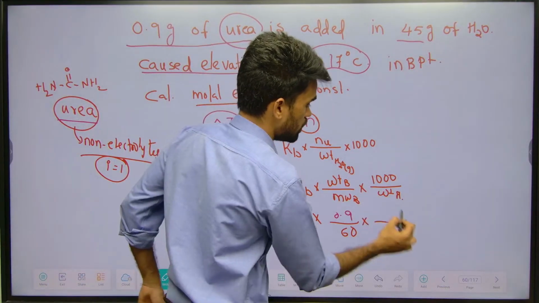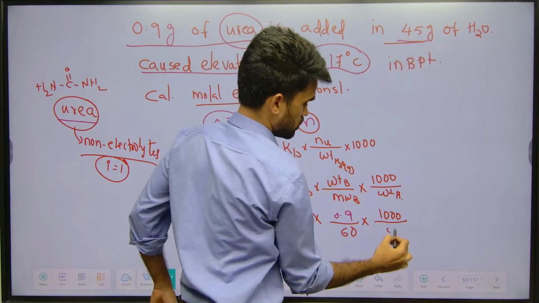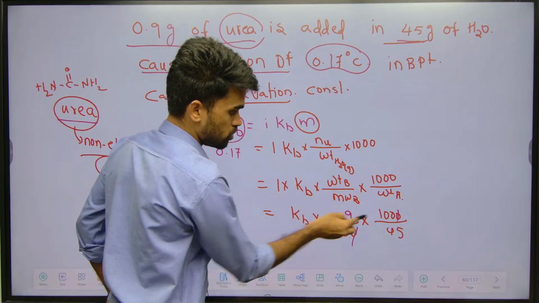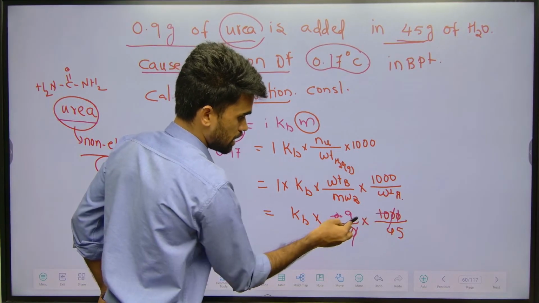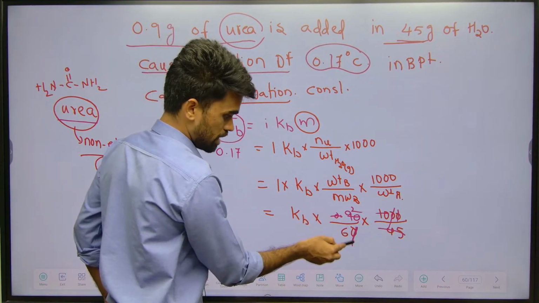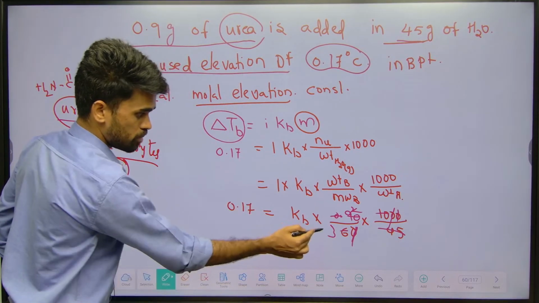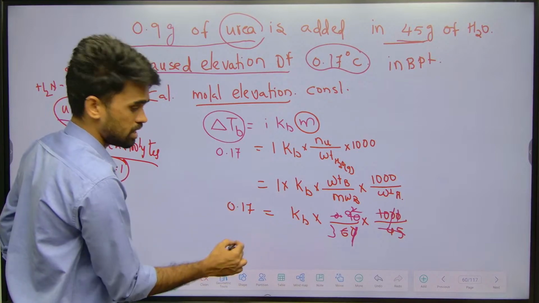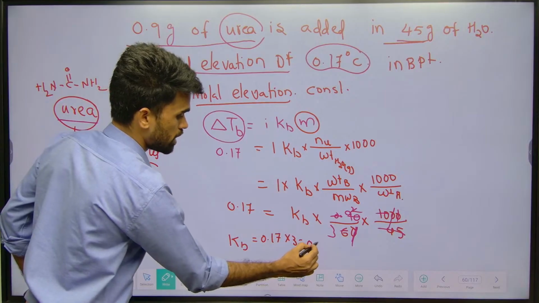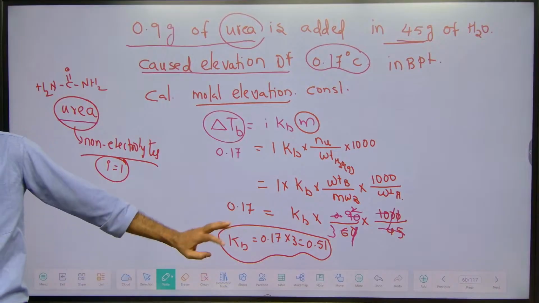Calculate using that. 1000 by what is the weight of solvent mentioned? So try to simplify. 0 is removed. So if I remove this 0, 9 becomes 90. So this many times? 2 times. Next 0 already removed. So this is 3. Here how much do we have? So Kb by 3 means can I send 3 this side? So Kb becomes how much? 0.17 into 3, so 0.51. So what is the molar elevation constant? 0.51.